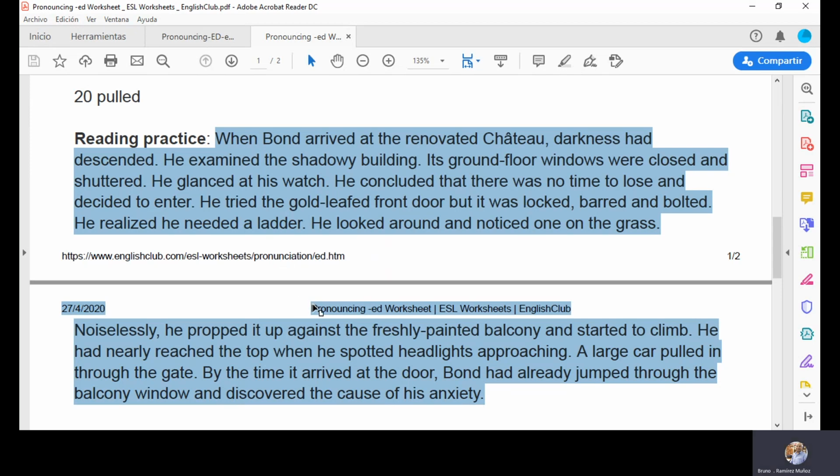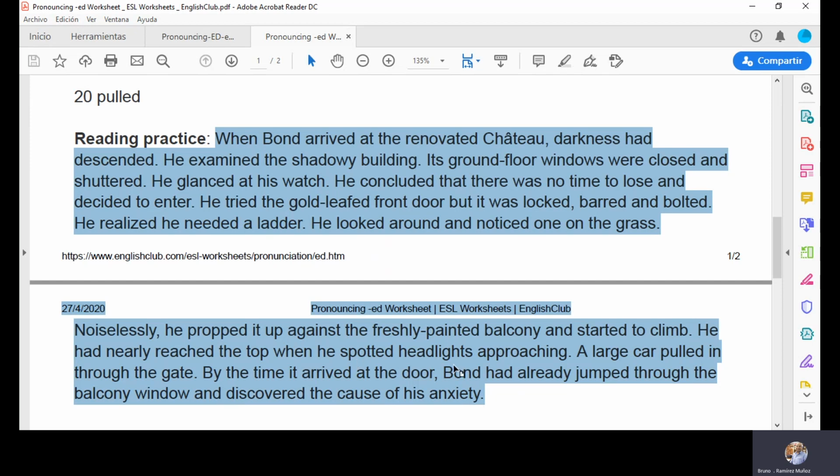Noiselessly, he propped it up. He propped it up against the freshly painted balcony, and started to climb. He had nearly reached the top when he spotted headlights approaching.